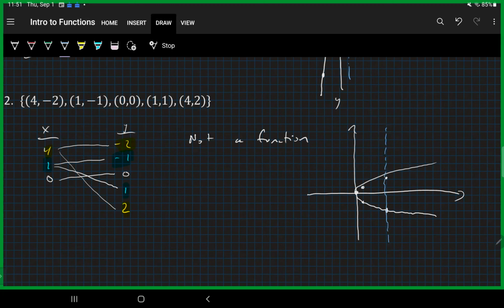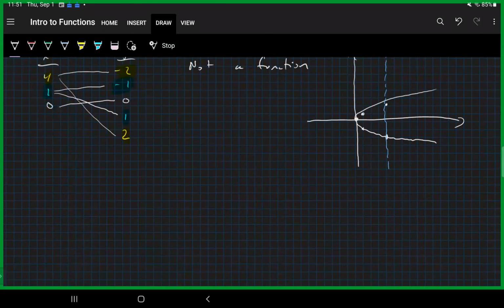And so graphically, if something's a function, I can draw a vertical line anywhere on the graph, and it's going to only intersect that graph once. Whereas if something's not a function, there's going to be at least one point where I draw a vertical line and it's going to hit the graph 2 or more times. And we'll talk about that in a little bit more detail, but I want to give you guys a picture of what's going on here.